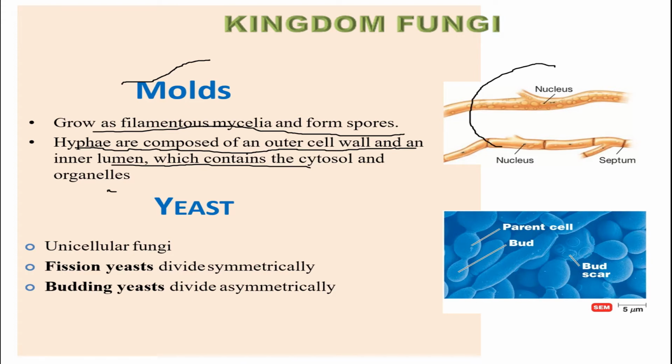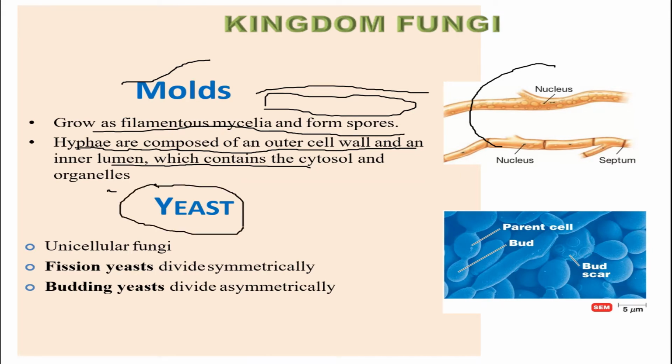It grows as filamentous mycelia as all other fungi do. Also, yeasts are unicellular fungi, and their mode of reproduction is fission. Yeast divide symmetrically and budding yeast divides asymmetrically, depending on the type of yeast.